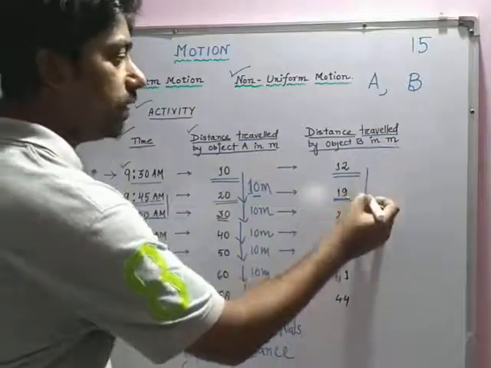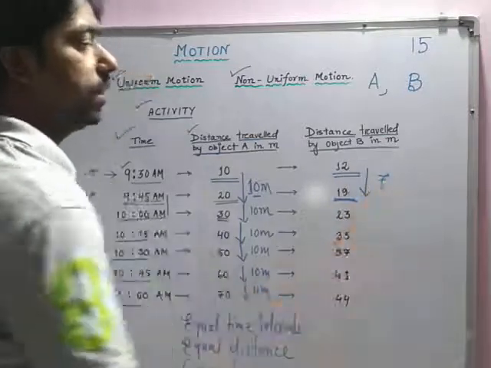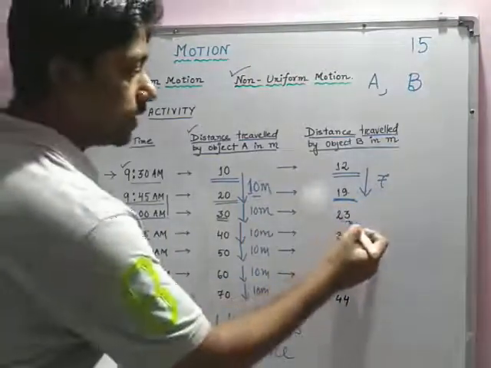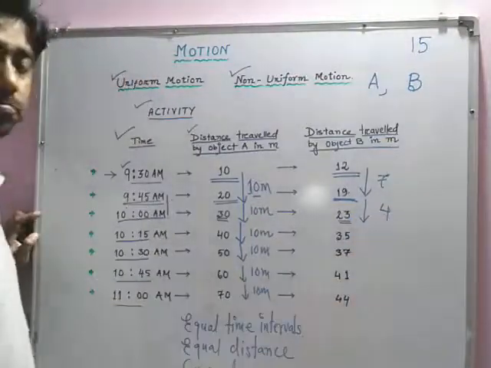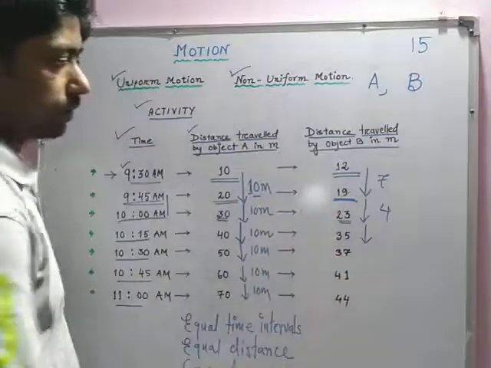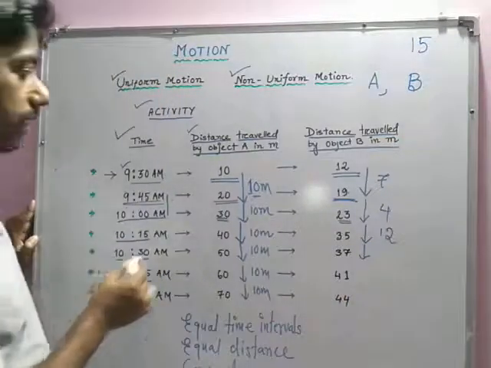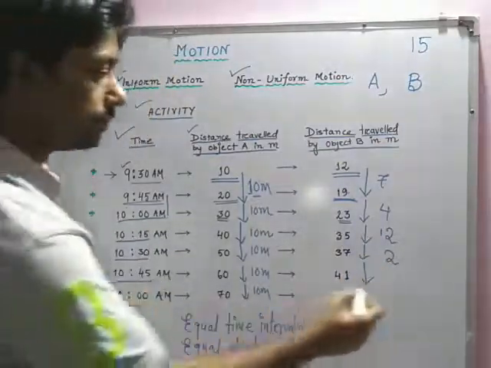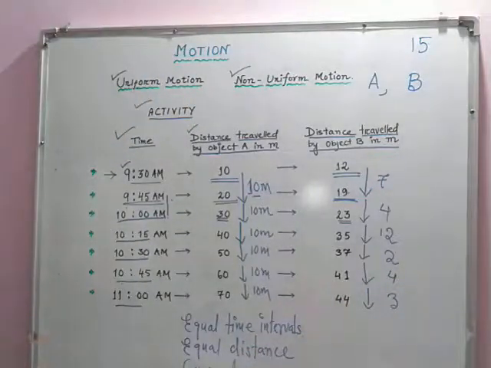So that means in 15 minutes it has moved a distance of 19 minus 12, which gives us 7 meters. At 10 AM, its distance is 23 meters, so 23 minus 19 is 4 meters. At 10:15 it is 35, so it is 12. Then 10:30, and 10:45, and so on.